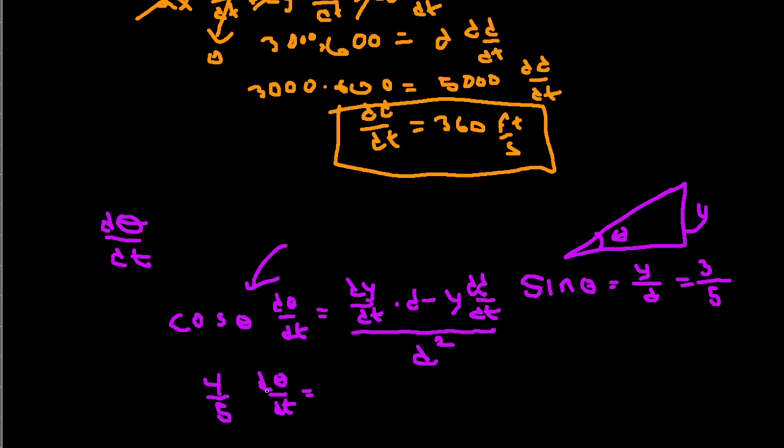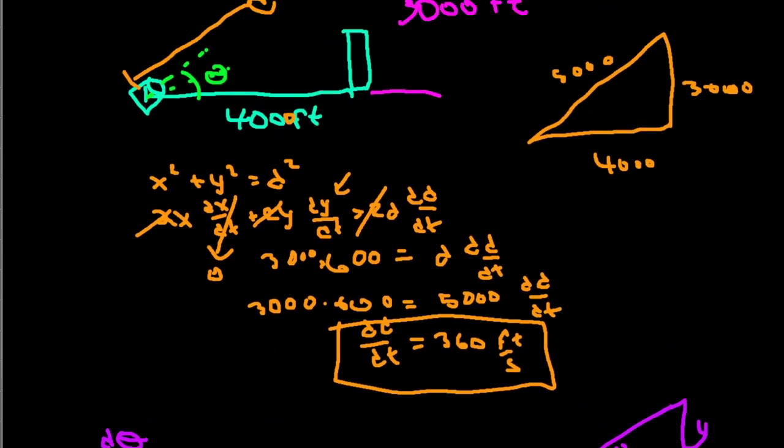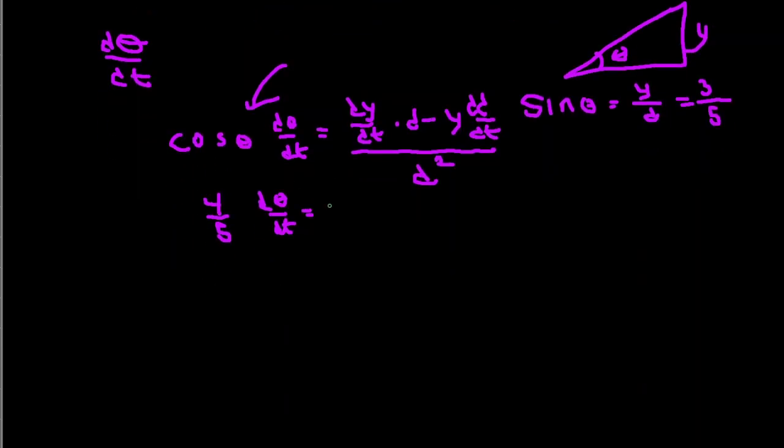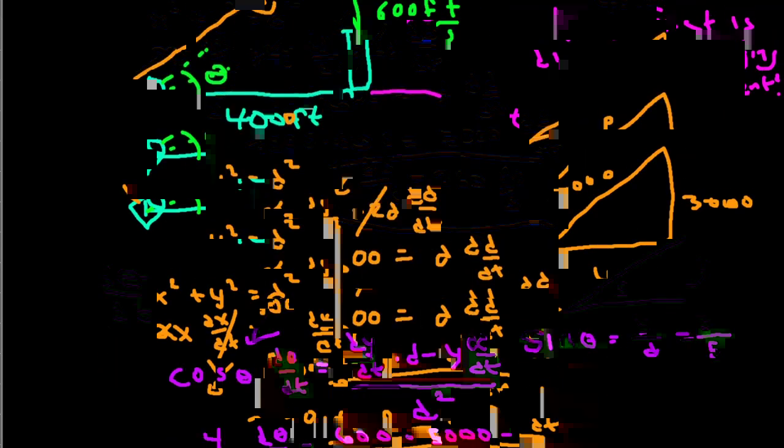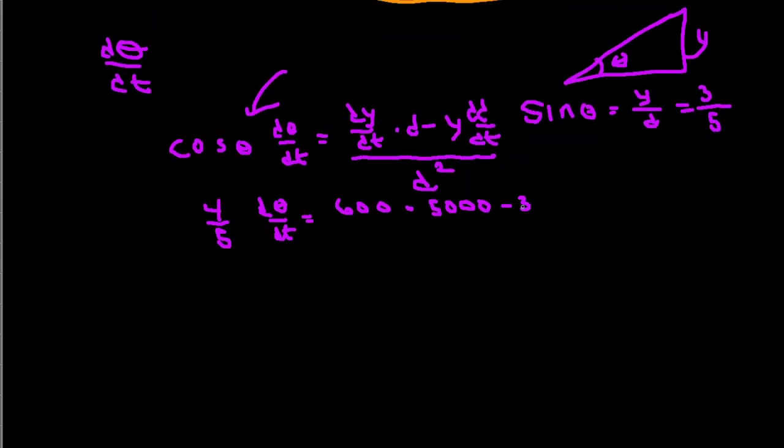So 4/5 dθ/dt is equal to dy/dt, which we already know is 600 feet per second, times the distance of 5,000, minus y, which is the height, 3,000, times dd/dt, which we already found was 360, divided by d squared.